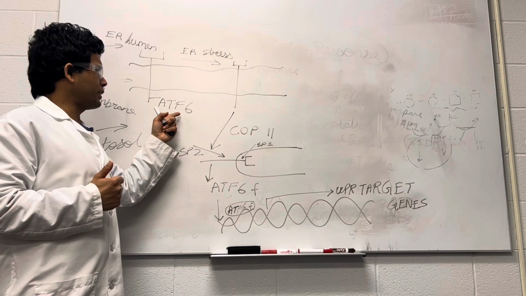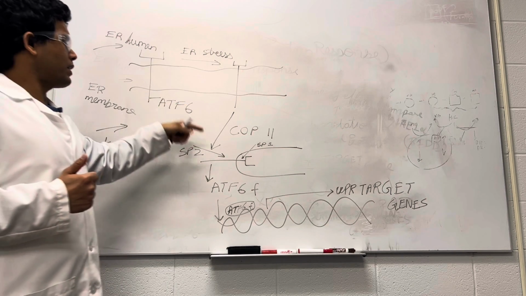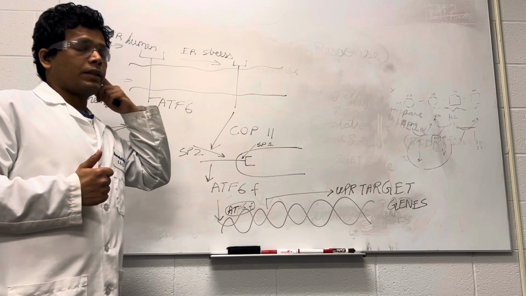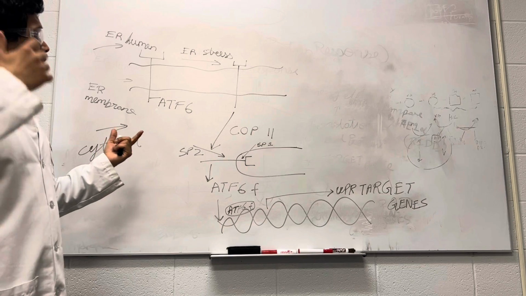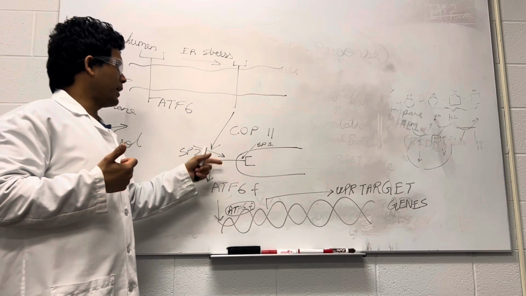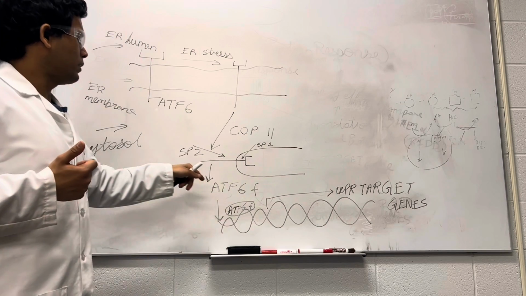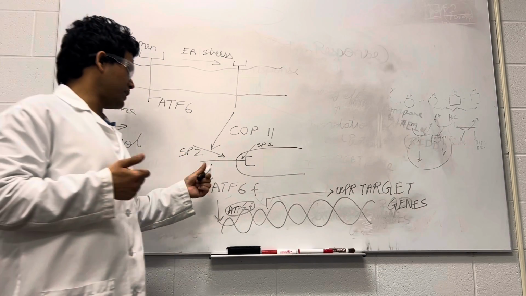However, it is not yet fragmented when it is at the ER lumen. When it is transported and processed by the Golgi at site 1 and site 2 proteases, then it will fragment itself into ATF6F. This ATF6F is called the cytosolic fragment of ATF6.